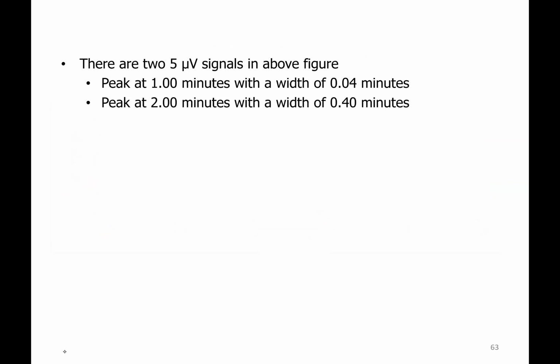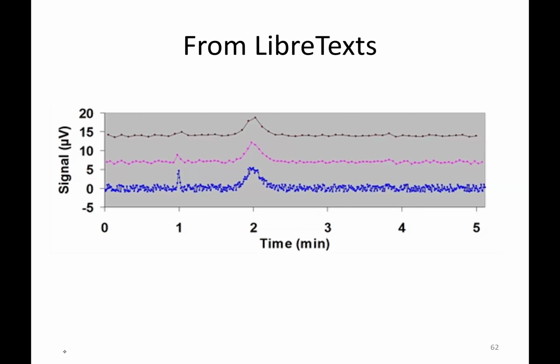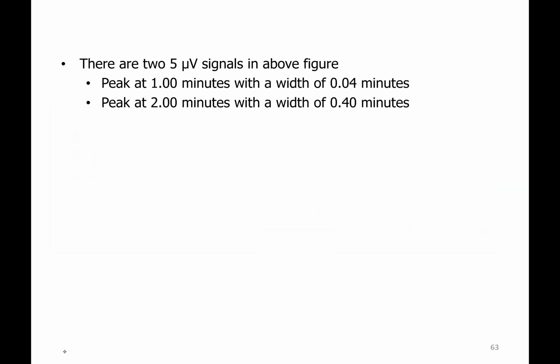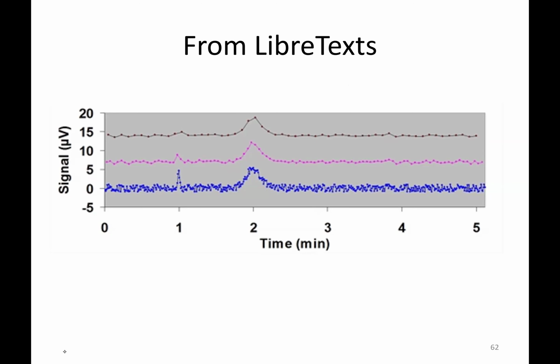And then the peak at 2 minutes, see there is a peak at 2 minutes again. It has a width as well. At 2 minutes with a width of 0.4, you see it's a little bit broader. So one is 0.04, the other one is 0.4.